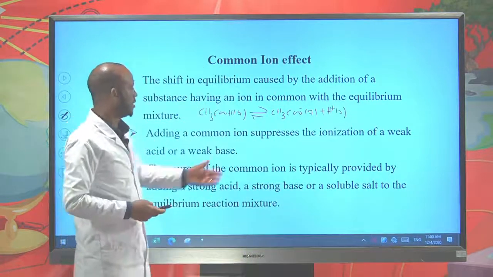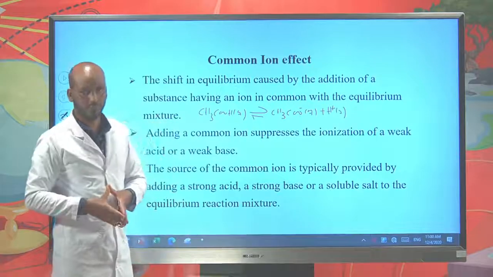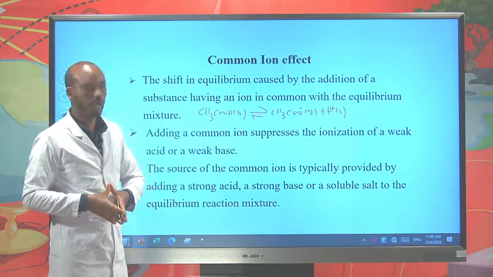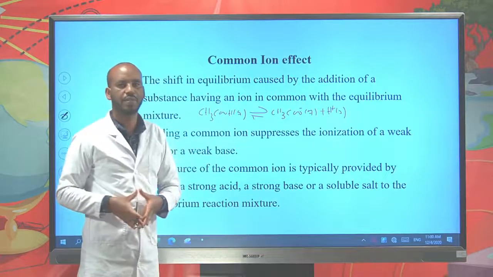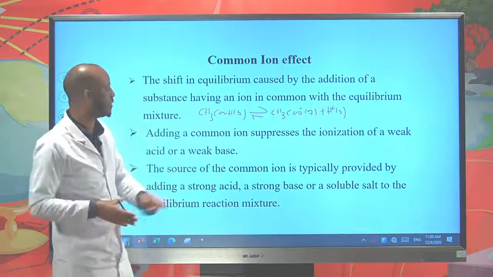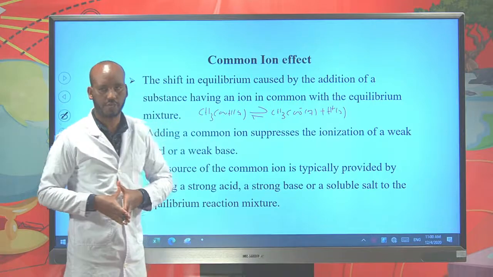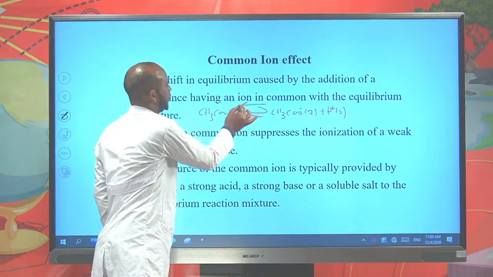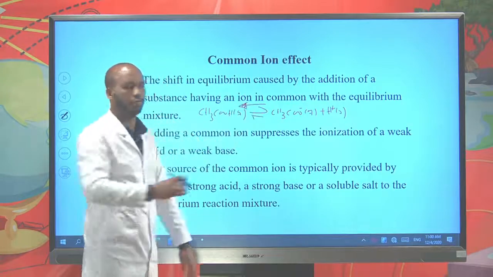Now this reaction is an equilibrium reaction. If you add a substance having a common ion with this equilibrium mixture, then the equilibrium shifts.